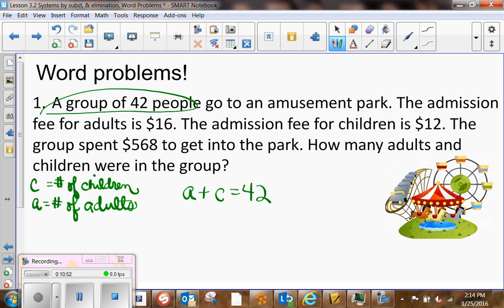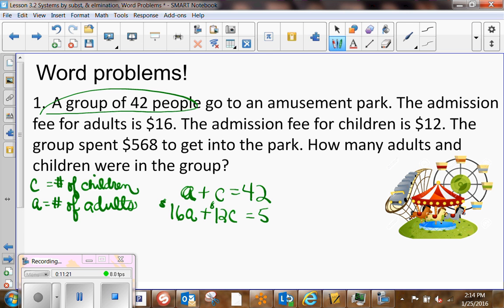It's just how many. I don't know how much money they made. I just know how many people went. But now let's put some quality to it. Let's put money to every one of those. How much money will each of these adults have to pay? So $16 for every adult, plus how much money for every child? $12 for every child. And how much total money will they take in?